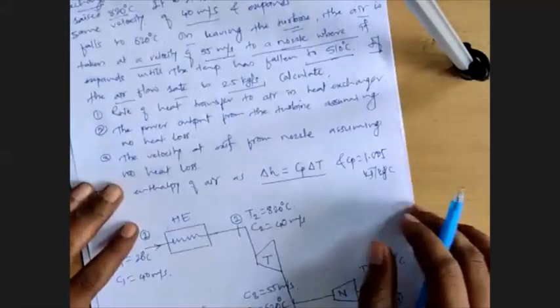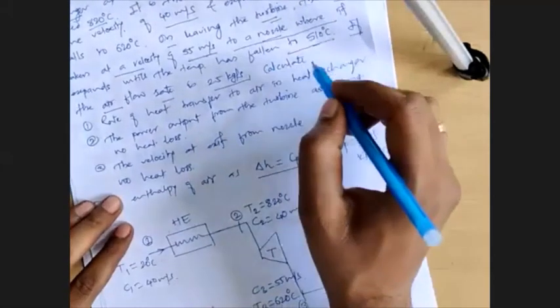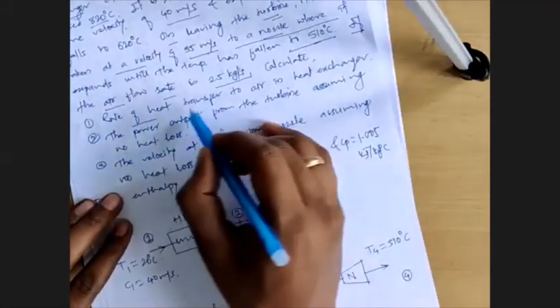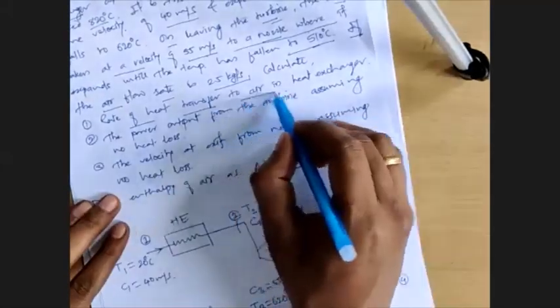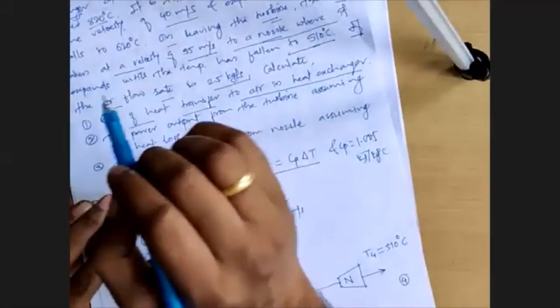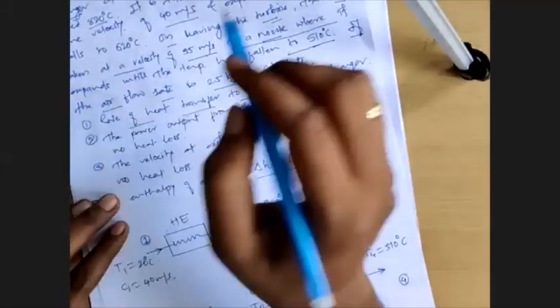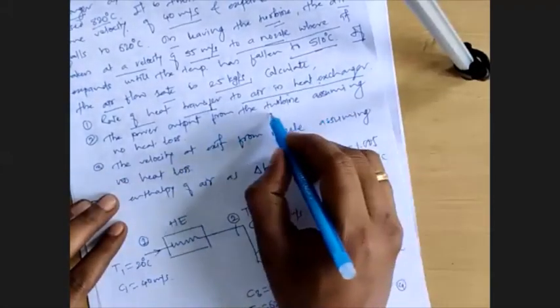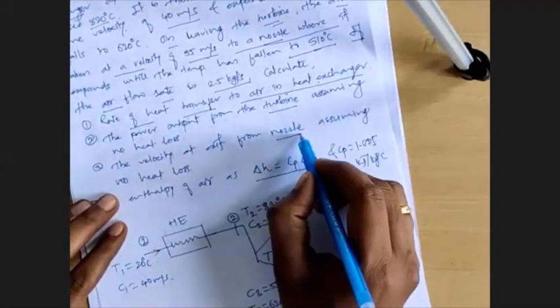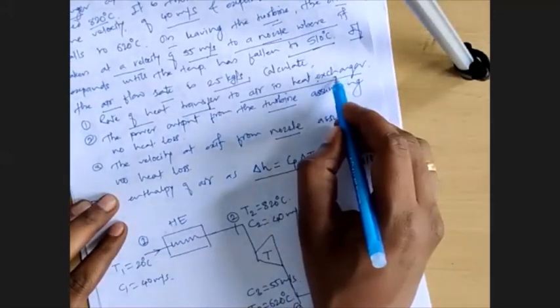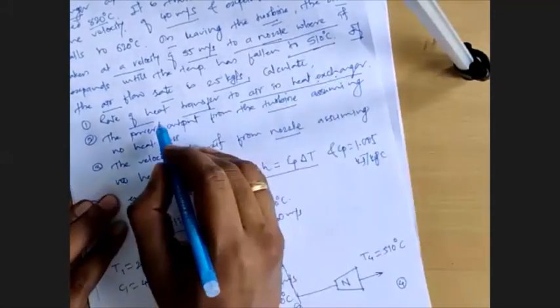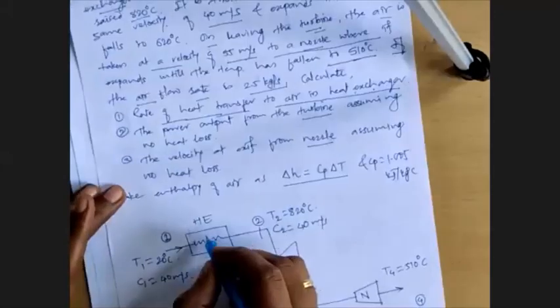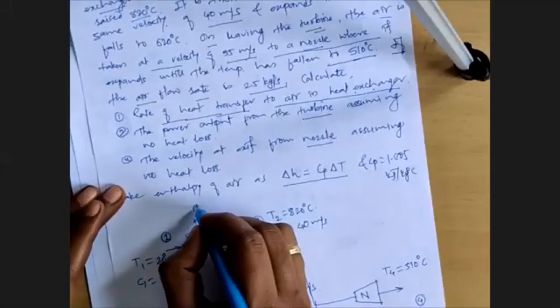And what they have asked us to calculate first is the rate of heat transfer to air in the heat exchanger. There are three devices: heat exchanger, then turbine, and the third one is the nozzle. So for the heat exchanger, they have asked to calculate heat transfer. So here we need to find Q.